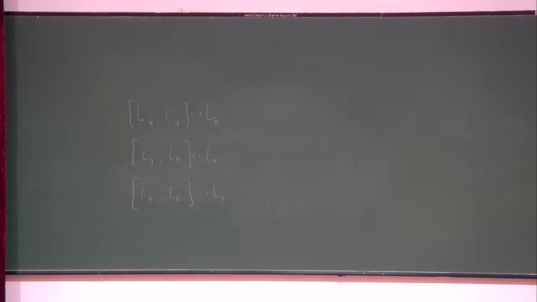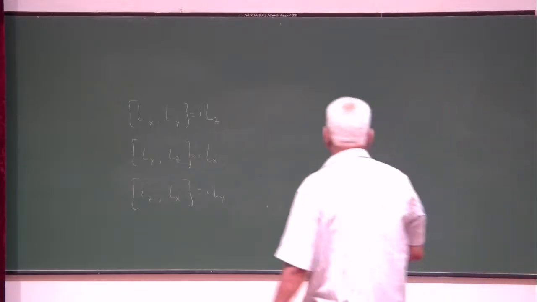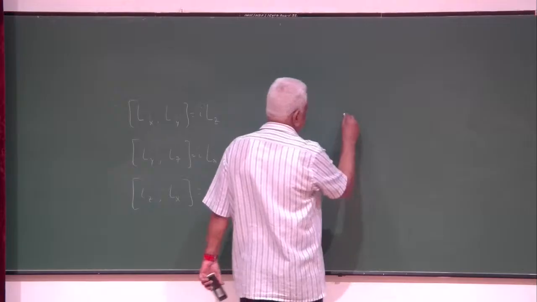Perfectly right. Now, this is the way in which people find what are called explicitly, in group theory, representations. Representation for L is equal to 1, representation for L is equal to 2, etc. Now, I have already given you this matrix.